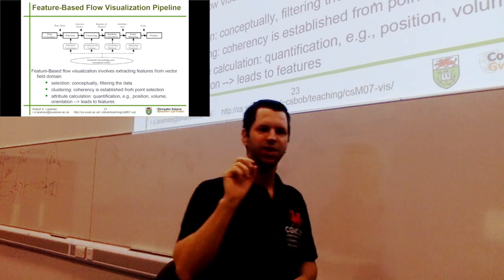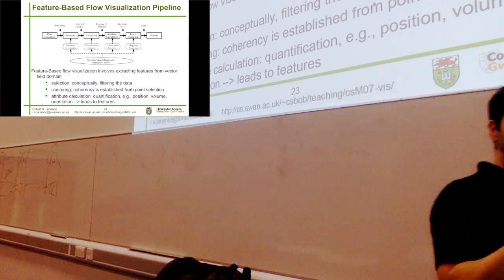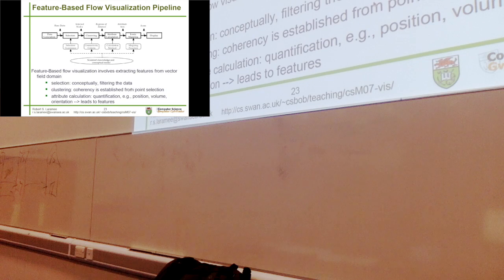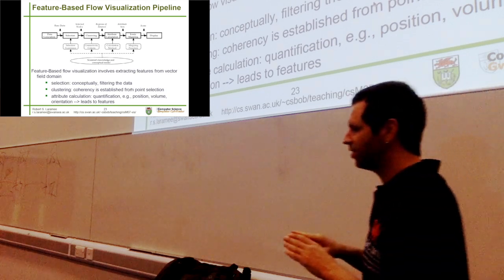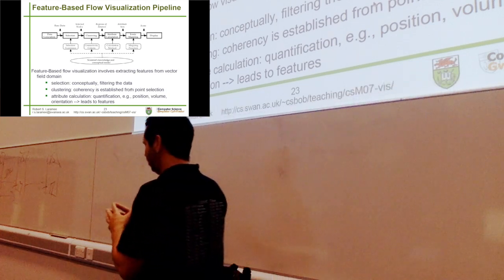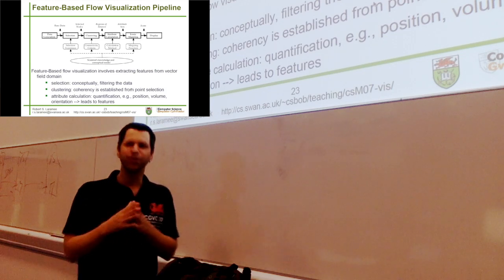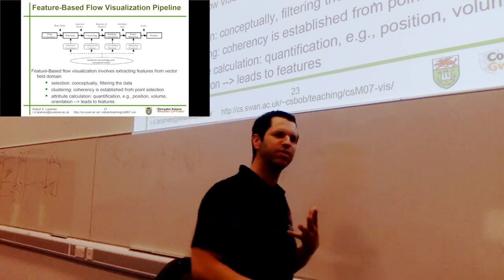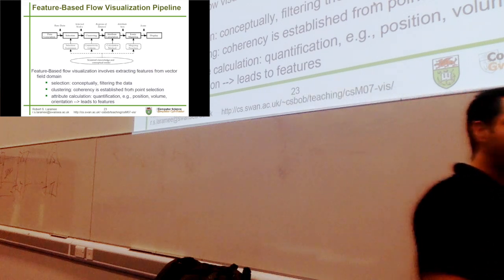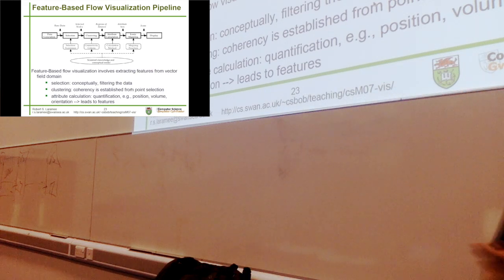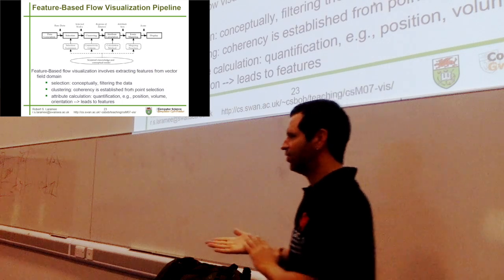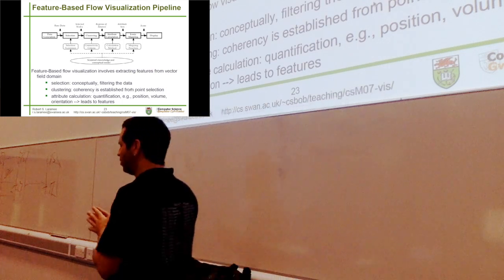But essentially, this is the last slide, by the way. The essence is you input a vector field into the algorithm, and before you do anything, you don't do any streamline computation, you don't compute any advection or texels, you don't do any of those computations.